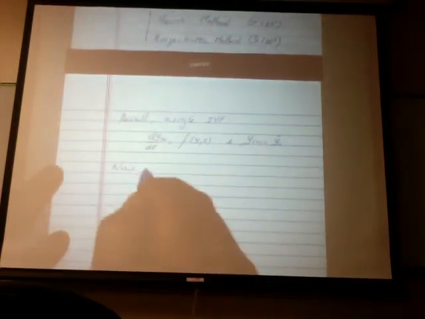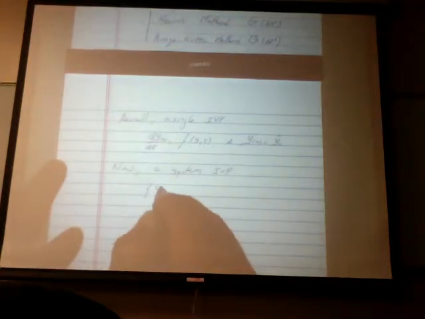We now have a system of initial value problems, or an initial value problem system, whichever way we want to see it, and we can express it as y dot is equal to a vector of functions of y and t.